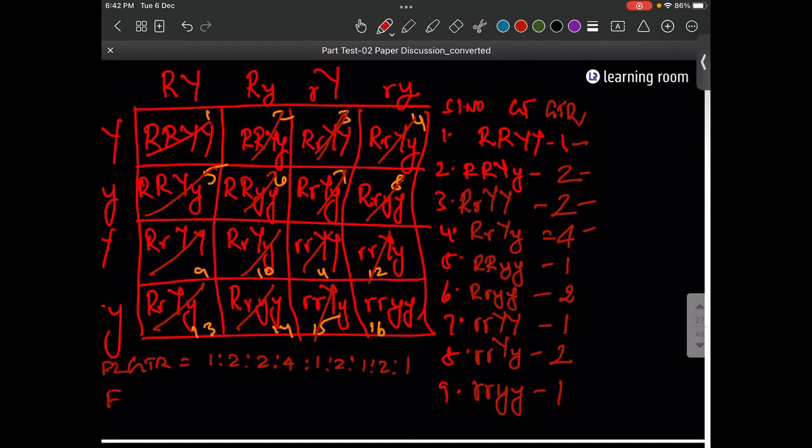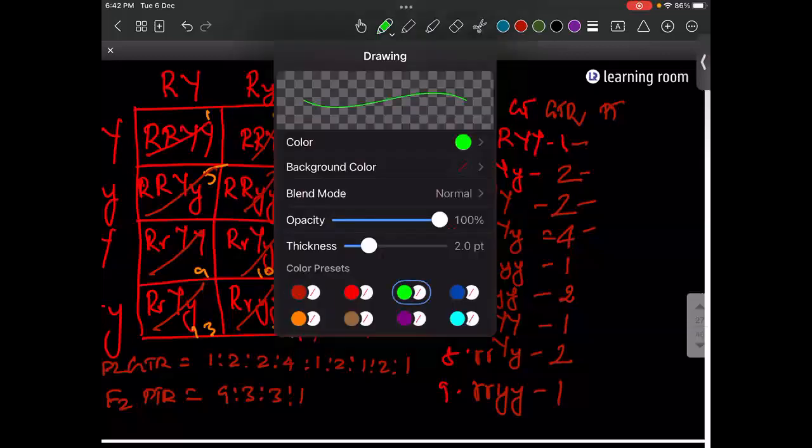Okay? Yes, sir. Phenotypic ratio? 9:3:3:1. What is 9? Round and yellow. Tell me the phenotype for each one.